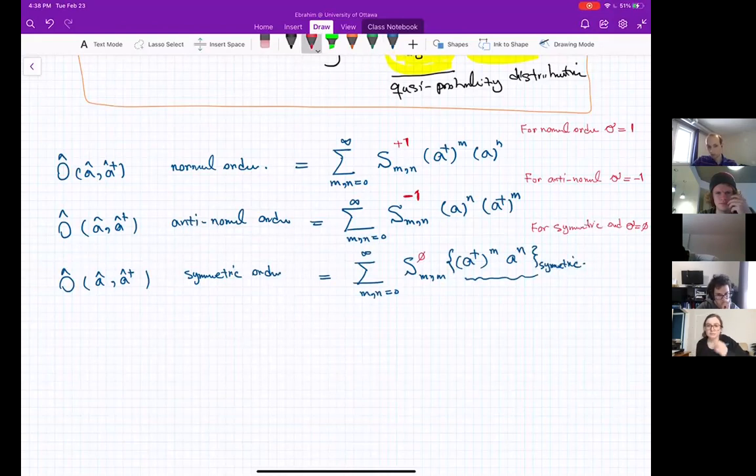How do you know you can always get a symmetric ordering for an operator? You can always do that for a Weyl group. Oh, okay. It's because of the way that A and A dagger commute? Yes. Always you can replace either way, and then at the end you can make it symmetric, or you can move it in the other way.